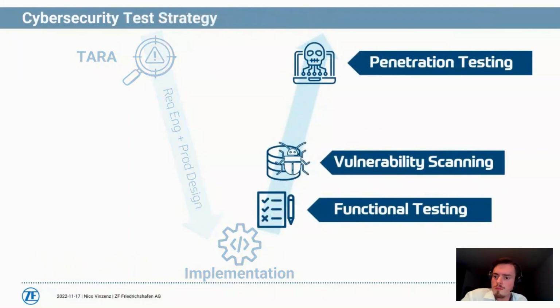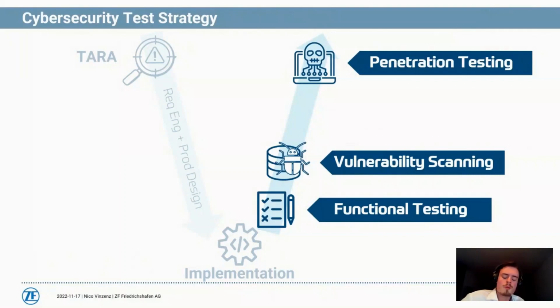So far, so good. The cybersecurity test strategy we usually have should include at least these things. Functional testing, where we take a look at whether our cybersecurity specifications are functionally implemented in the product.